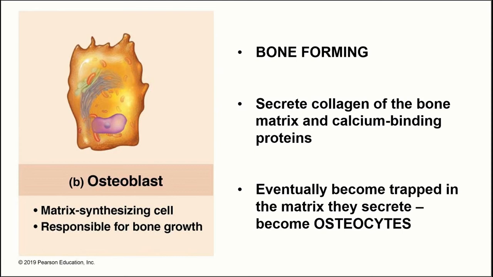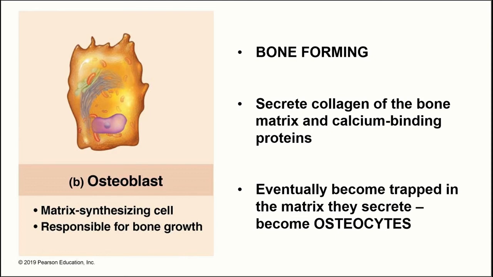So really the calcium binding proteins are providing the stimulus for calcium minerals from the blood to come and crystallize on them and form those calcium minerals that we see within the bones. So the osteoblasts are not actively secreting calcium. Instead, they're producing proteins that are stimulating the mineralization or the crystallization of calcium on them.